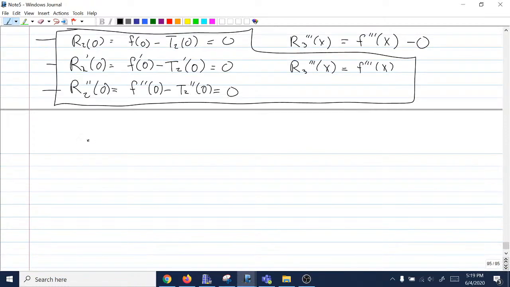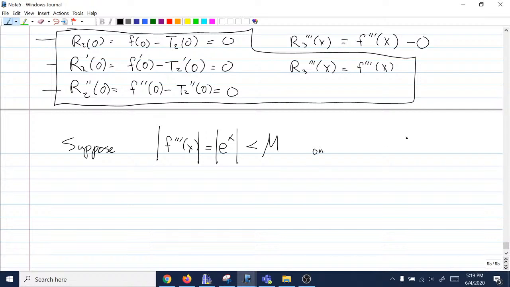But first I want to say, suppose that the third derivative of f of x, this is e to the x, has absolute value less than m. I want to say it's less than m on some region, on the interval from minus d to d, where d is going to be some distance, some radius.